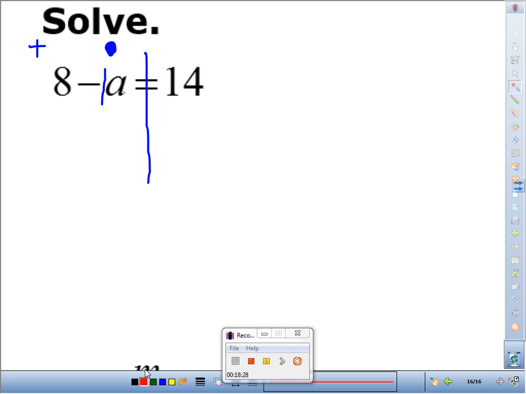So where do I start? With a plus. So how do we get rid of that 8? Subtract 8. So then these cancel. We bring down negative 1a equals 6. Copy that. Did everybody see the little curveball? Yeah, right?